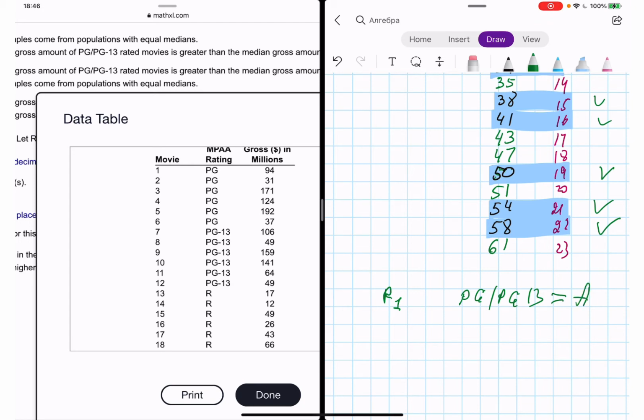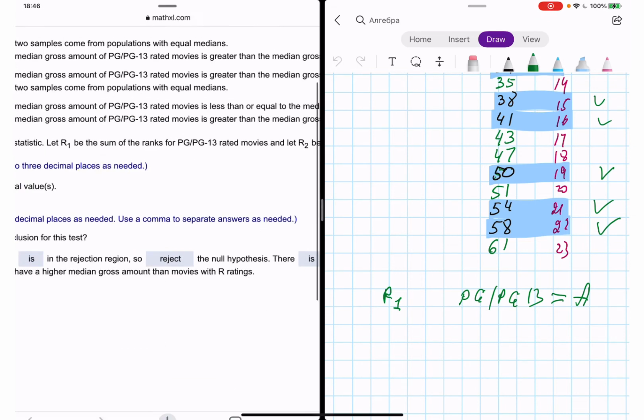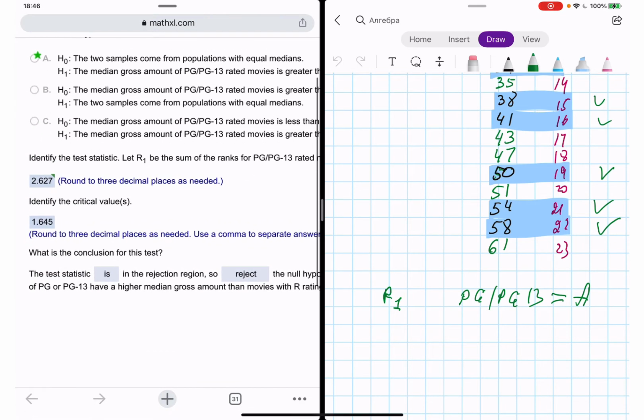Let me write down here A. Okay, now once you have it, since the goal is to calculate the test statistic, because we need to compare the test statistic with the critical value so we can figure out what to do with the claim.